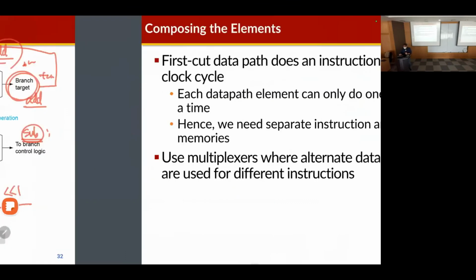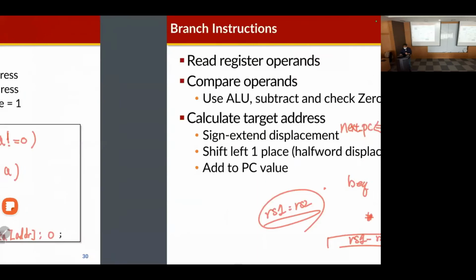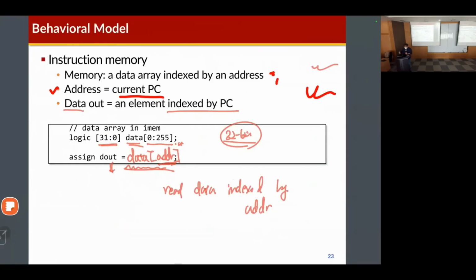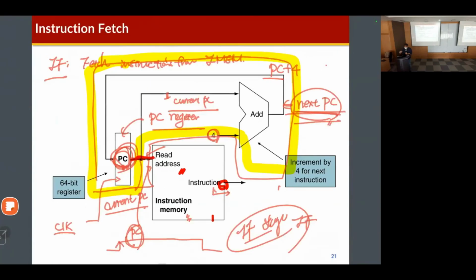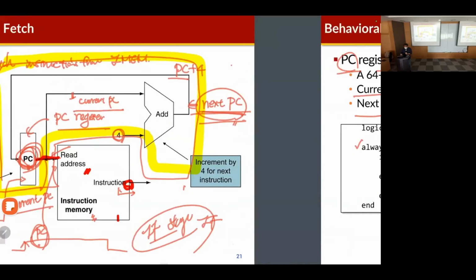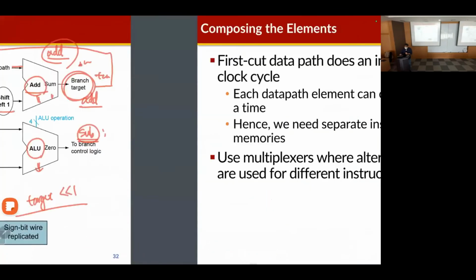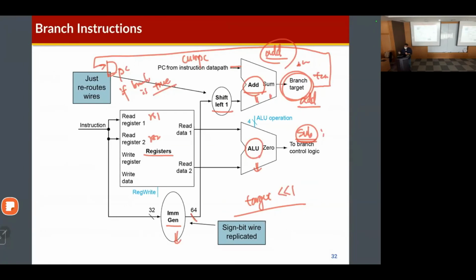So now I covered some required steps for executing instructions. Also, I explained the data path elements for each stage here. I explained the required data path and control signals for the branch instruction.